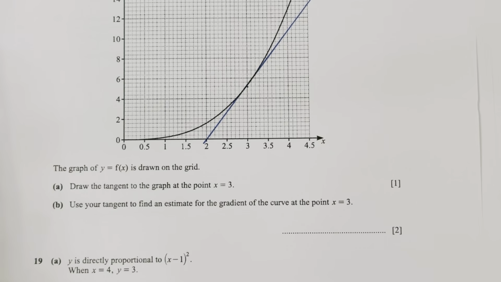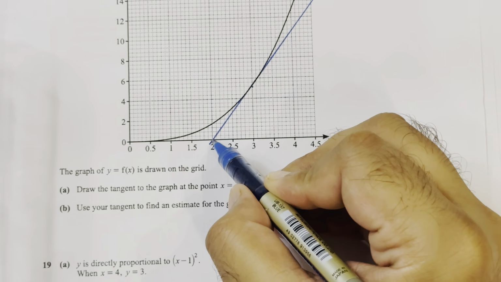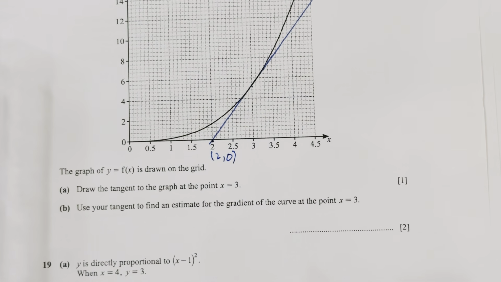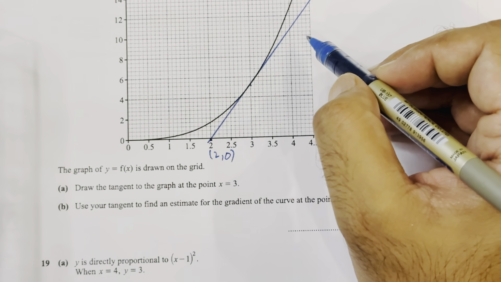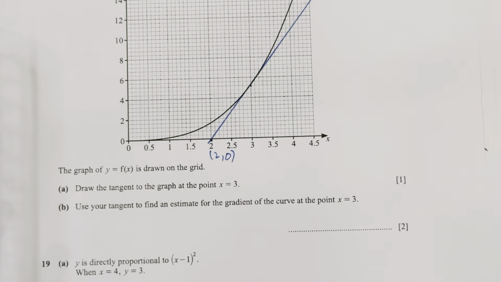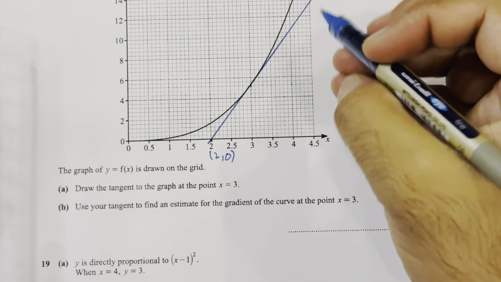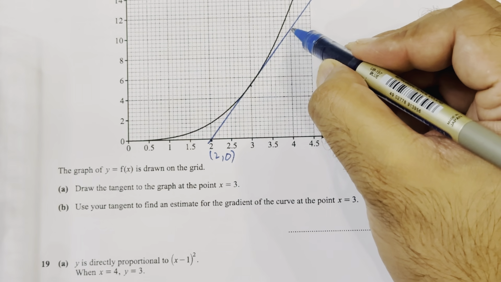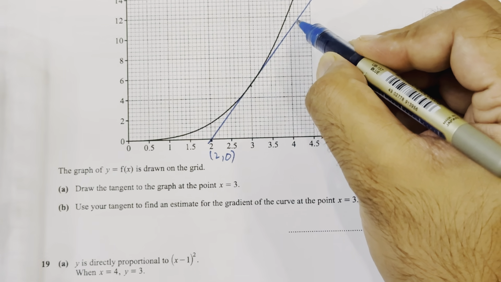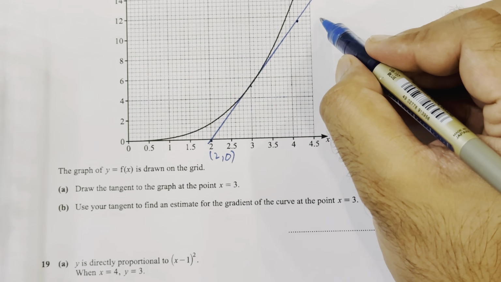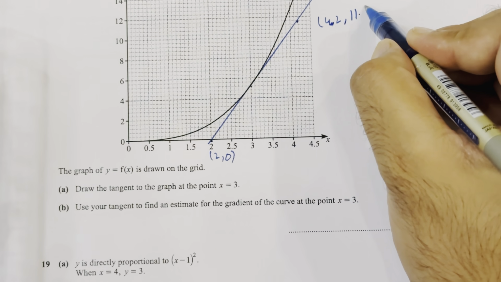Now you use your tangent to find an estimate of the gradient of the curve at point x is equal to 3. You need to take 2 points. I'm going to take this point 2 and 0, and the other point I would take as 4.2 and 11.6.